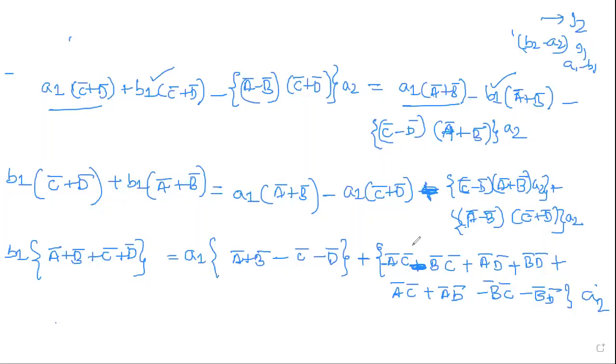So which all terms will be cancelled? That is one term you will have, that is A bar C bar will cancel, B bar C bar and minus B bar C bar will remain, A bar D bar will remain, B bar D bar and B bar D bar will get cancelled.